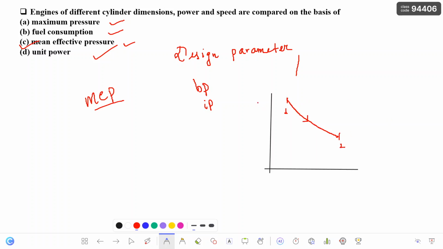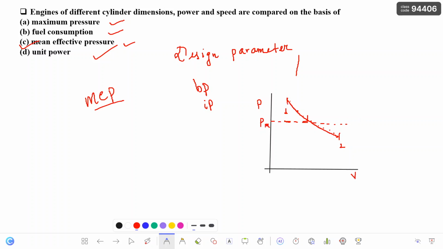This is a diagram between P versus V. So the volume is increasing, pressure is reducing. At each point the pressure is different. But when we have to design any engine, we have to consider a particular pressure. So that is what is a mean effective pressure. How do we assume it? Let us say the mean effective pressure is PM.